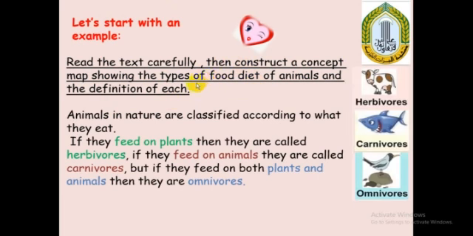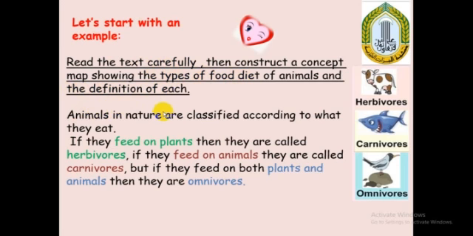And what about the subtitles that we need? Here we have the arrows or the keys for the arrows. We need to talk about the types of these food diets and the definition of each. Let's first read the text, understand it, and then we will continue by constructing the map.